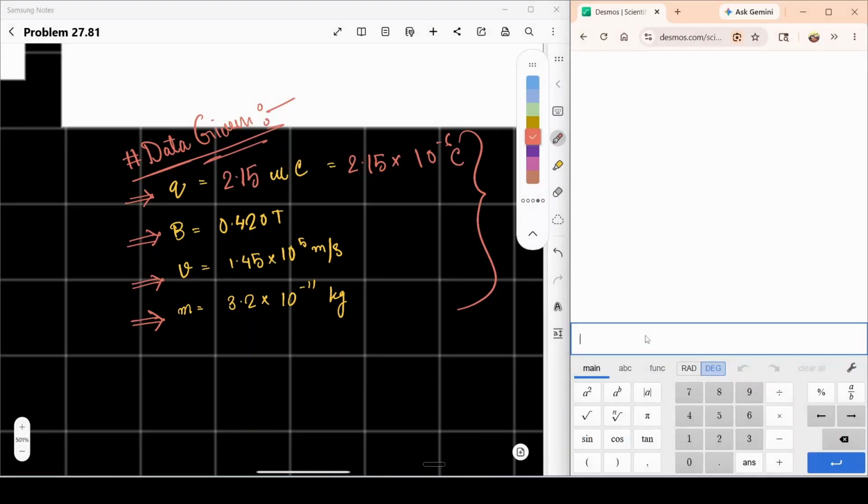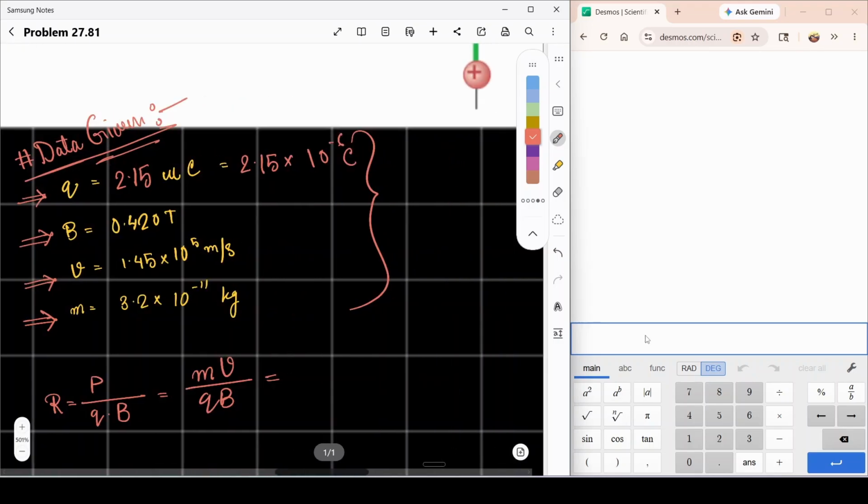Here I have written all the data from the question: the charge, the magnetic field, velocity, and mass of the charged particle. From the earlier discussion, we have concluded that the radius of curvature r is equal to the magnitude of momentum by the charge times the magnetic field, so mv by qB.